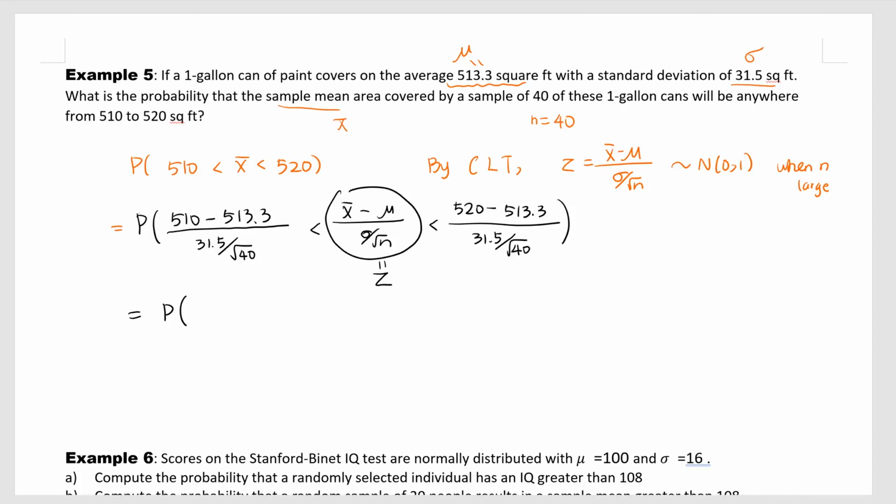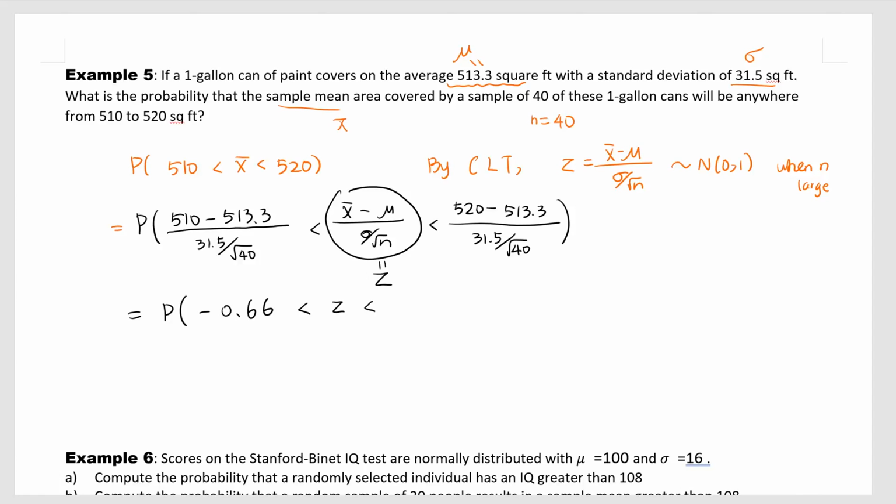I have 510 minus 513.3 divided by 31.5 and then divided by, which is the same as multiplying by the square root of 40. I get negative 0.6625, so we can round to negative 0.66. Remember, for the CDF values of the standard normal distribution, the z values have only 2 decimal places, where the probabilities have 4 decimal places.